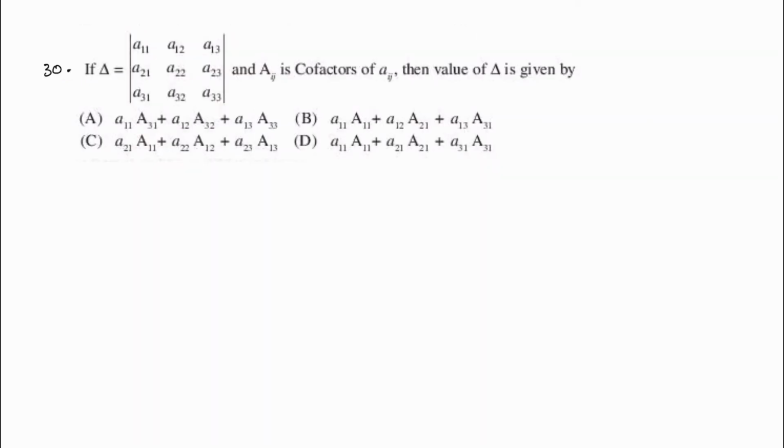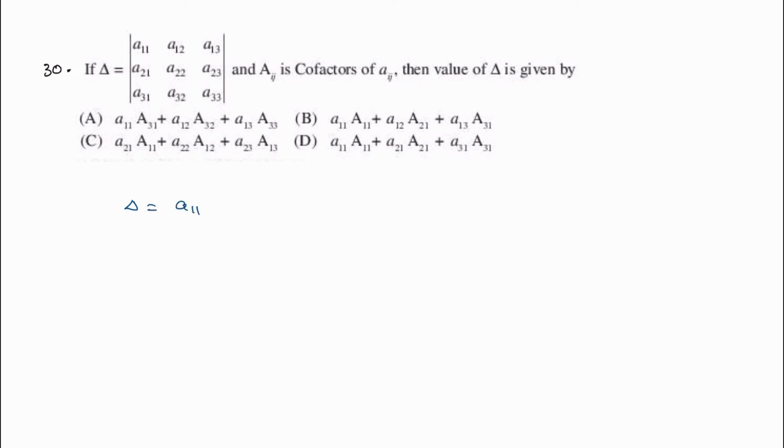Question 30. If determinant, a 3 by 3 determinant is given, capital Aij is cofactors of small aij, then value of the determinant is given by. We know that a determinant can be expanded along any row or any column. If elements of a row or column are multiplied with their corresponding cofactors and added, we get the determinant value.